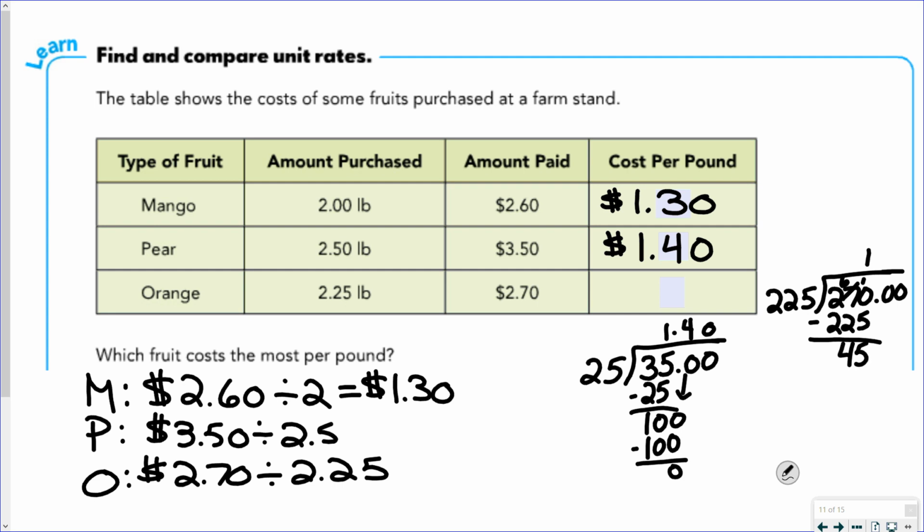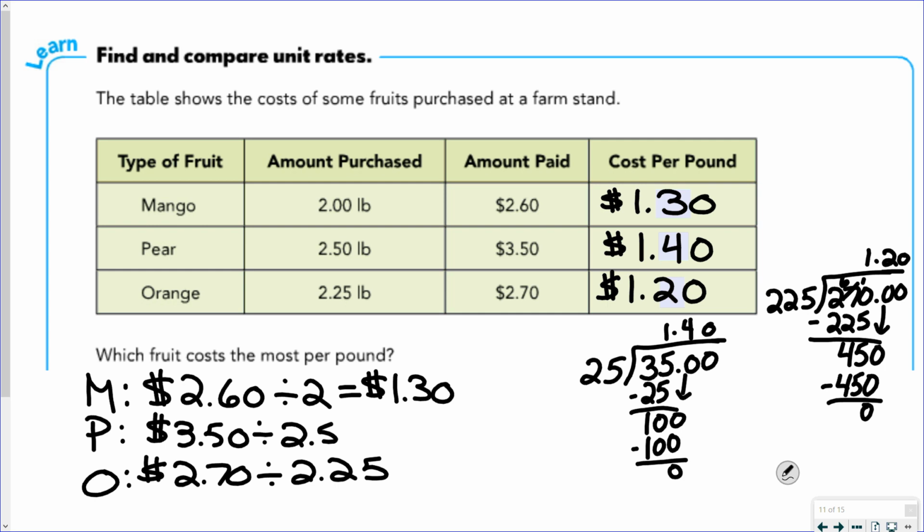We get 45, decimal point up, 0 down. 225 goes into 450 twice. Bring that 0 up. And we find that we paid $1.20 per pound for the oranges.